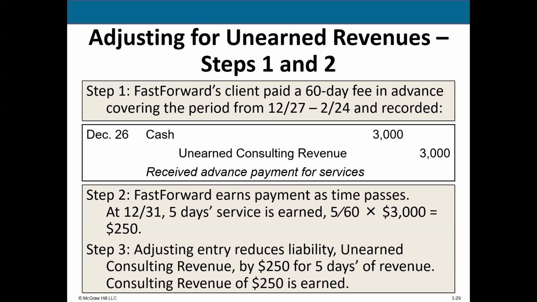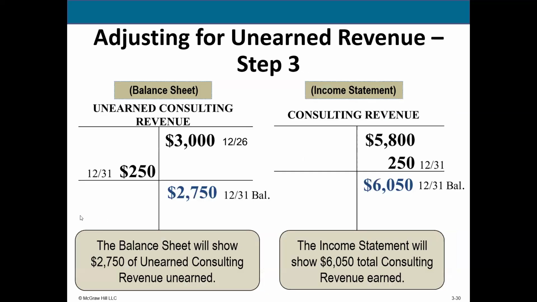So at the end of December, I'm going to debit unearned revenue $250, and credit revenue $250. The rest of that revenue, I'm going to recognize in the following year or in this year. So at the end of December, it looks like this. End of December, we made the adjusting entry, debit unearned revenue, credit revenue, $250.